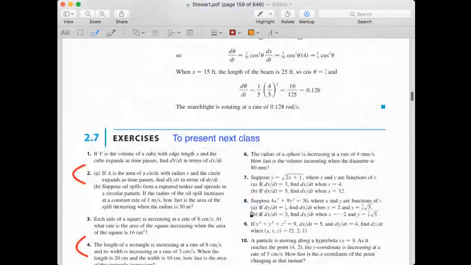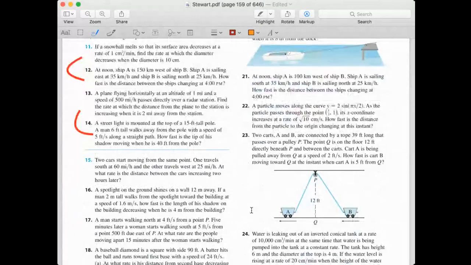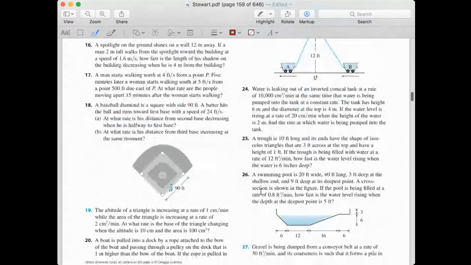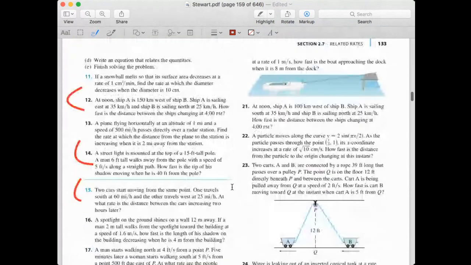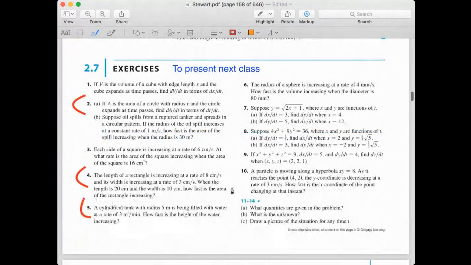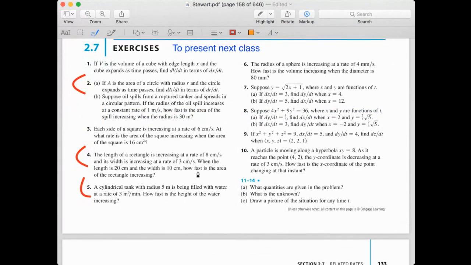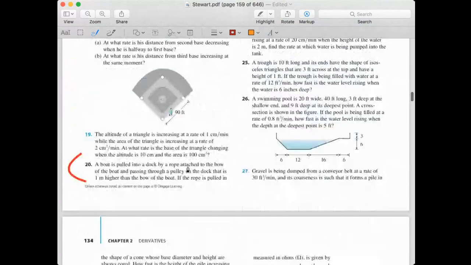How many questions? 1, 2, 3, 4, 5, 6. 15, 20. Okay, 1, 2, 3, 4, 5, 6, 7, 8. All right. Okay, 8 questions for next class to present. So 2, 4, 5, 12, 14, 15, 20.